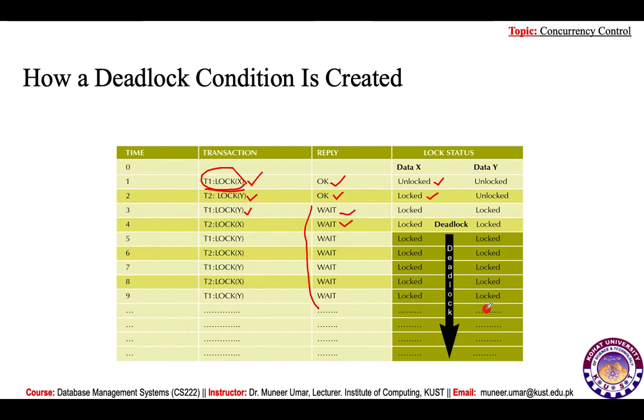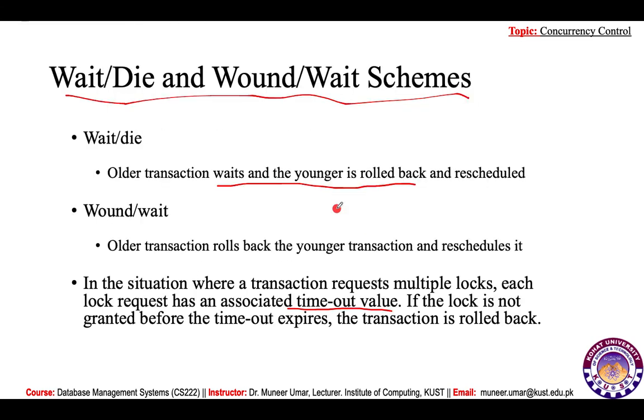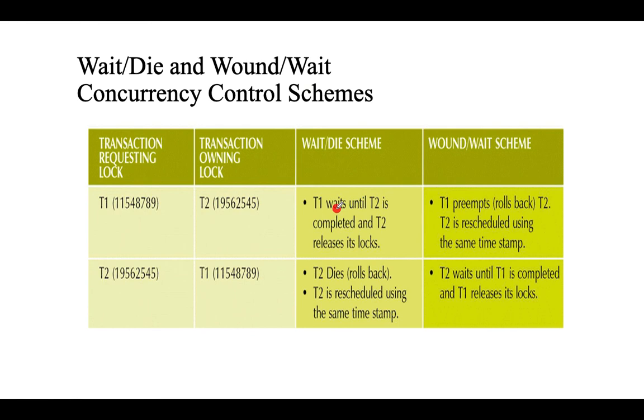Here, in a wait situation, if Y is waiting for a lock and that time period has expired, that would be rolled back automatically. Here we have the wait-die and wait-wound scenario.